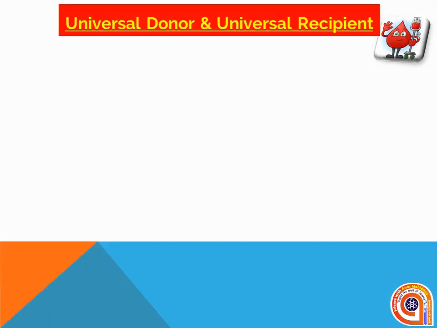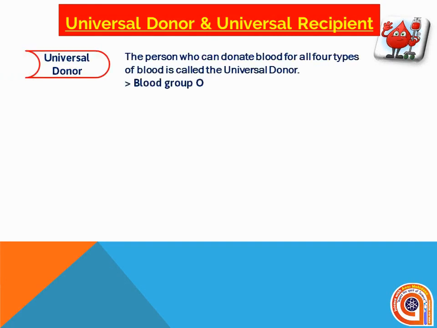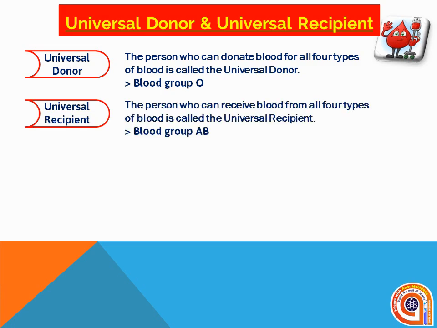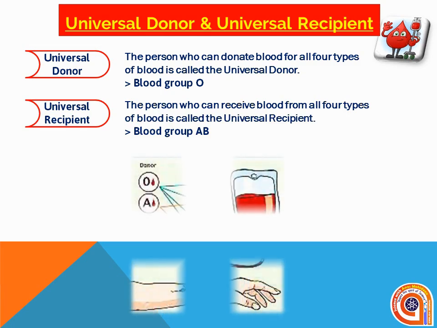Accordingly, we name them the universal donor and the universal recipient. So who is the universal donor? The person who can donate blood for all four types of blood is called the universal donor, and that is the person having the blood group O. The universal recipient is the person who can receive blood from all four types of blood, and that is the person having blood group AB.